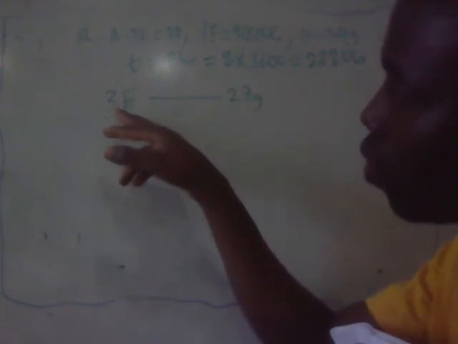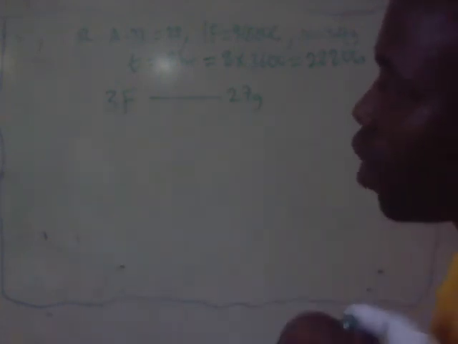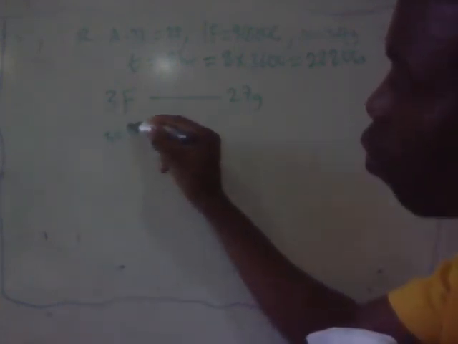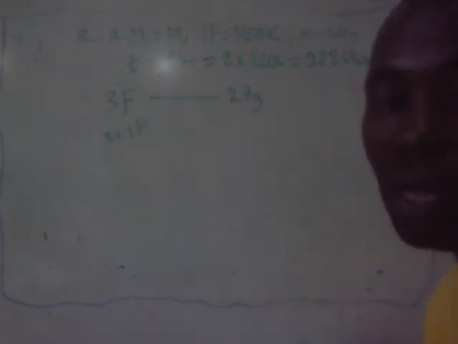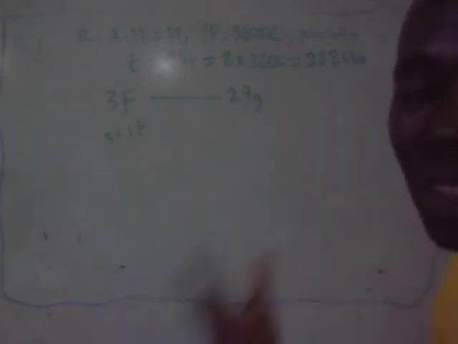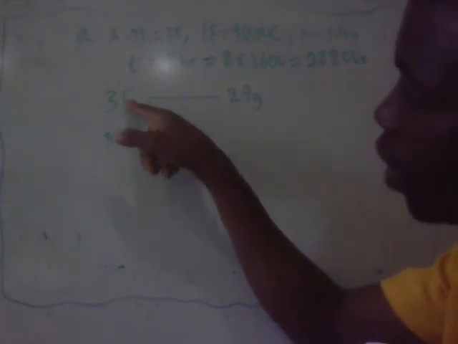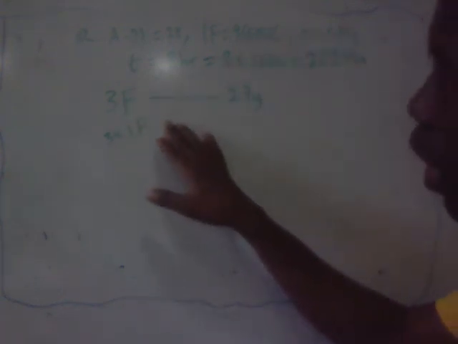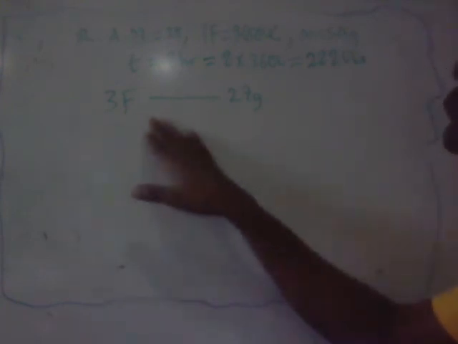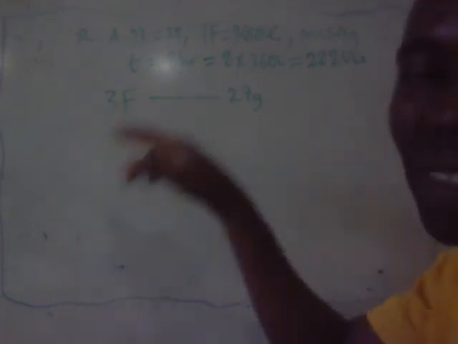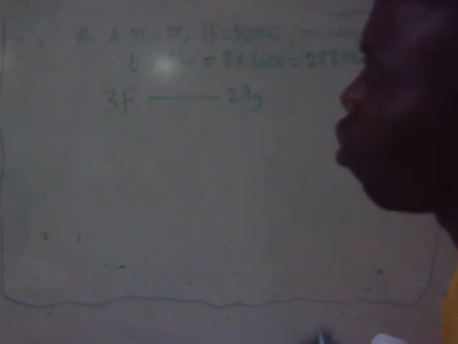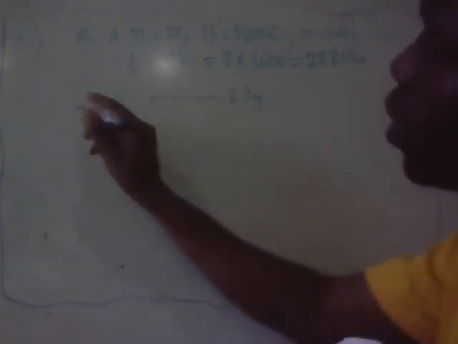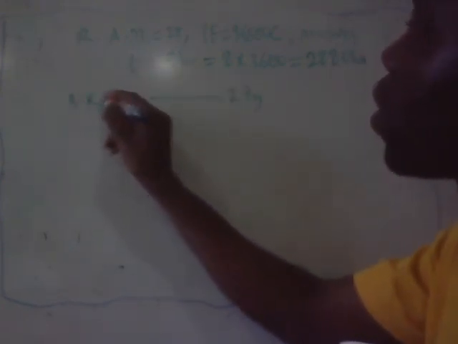This 3 Faraday means 3 times 1 Faraday. Mathematically, 3 times 1 is 3. So this Faraday, you turn it to 96500 coulombs. Instead of writing 3F, you write 3 times 96500 coulombs.